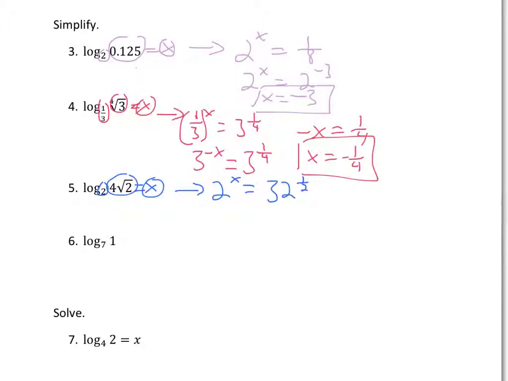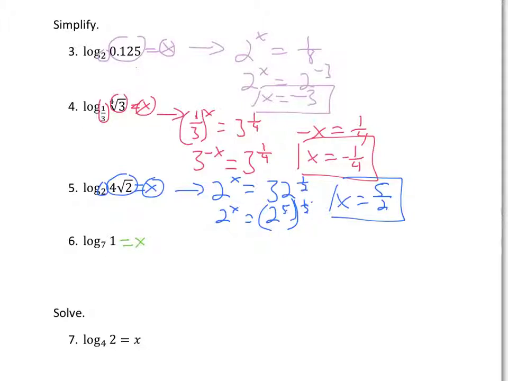I need to get the same base. 2 to the x equals, well, 32 is the same as 2 to the 5th, to the 1/2. So x equals 5 times 1/2. x equals 5 halves.